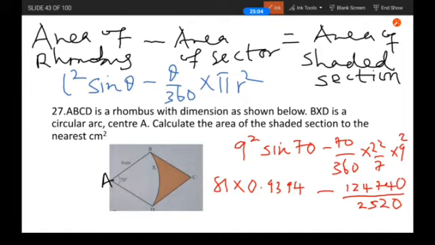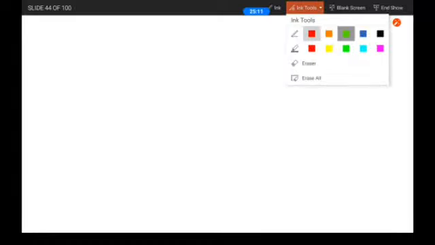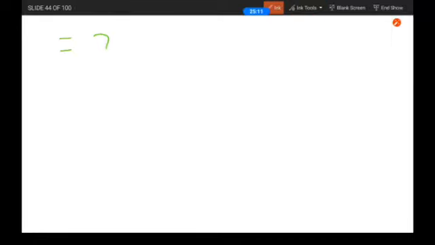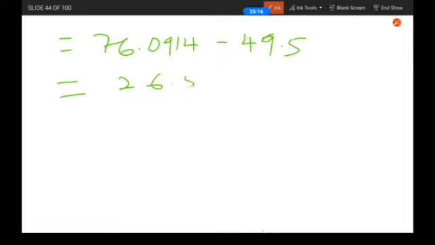So if you do this very well, you're going to be getting 76.0914 minus 49.5, and if you subtract, you'll be getting 26.59. Remember, area, centimeter squared, and that is it.